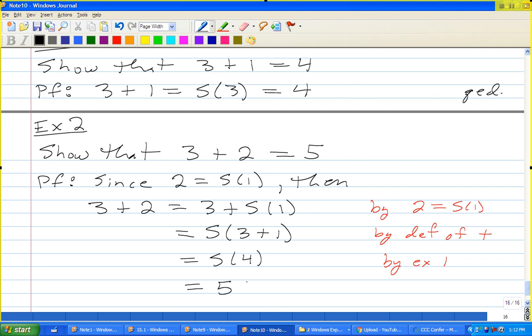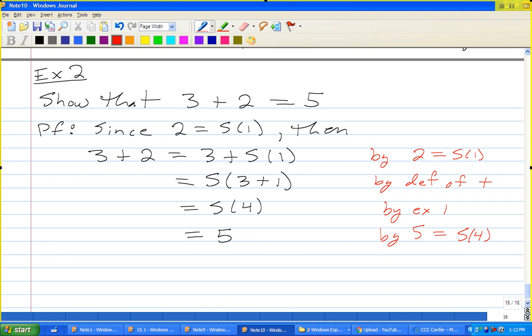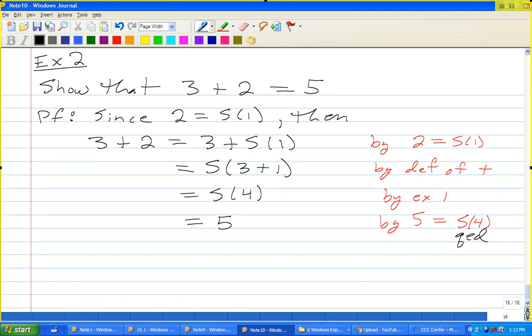And well, the successor of 4 is 5, and this is due to the fact that 5 is the successor of 4. Again, that's our notation. That's what we call the successor of 4. Good. So that means I'm done. I've shown that 3 plus 2 is 5. Let's do one more of these.